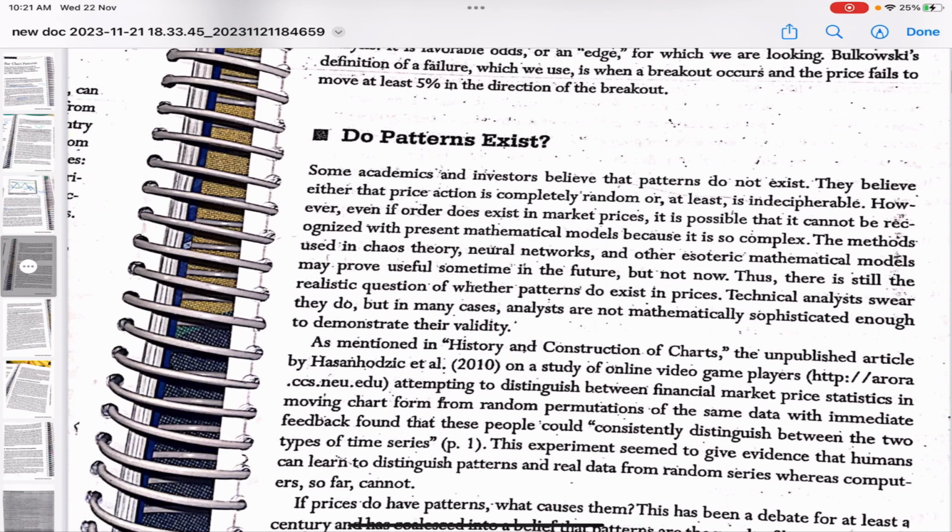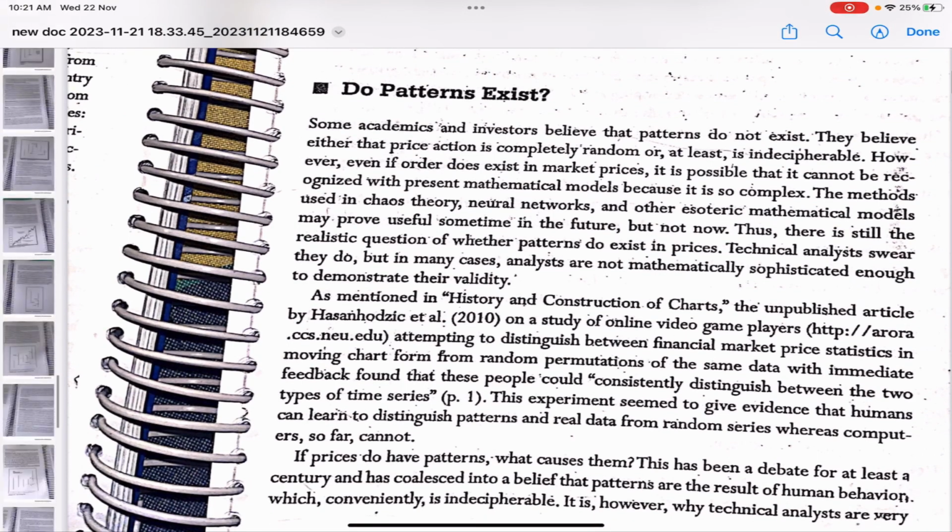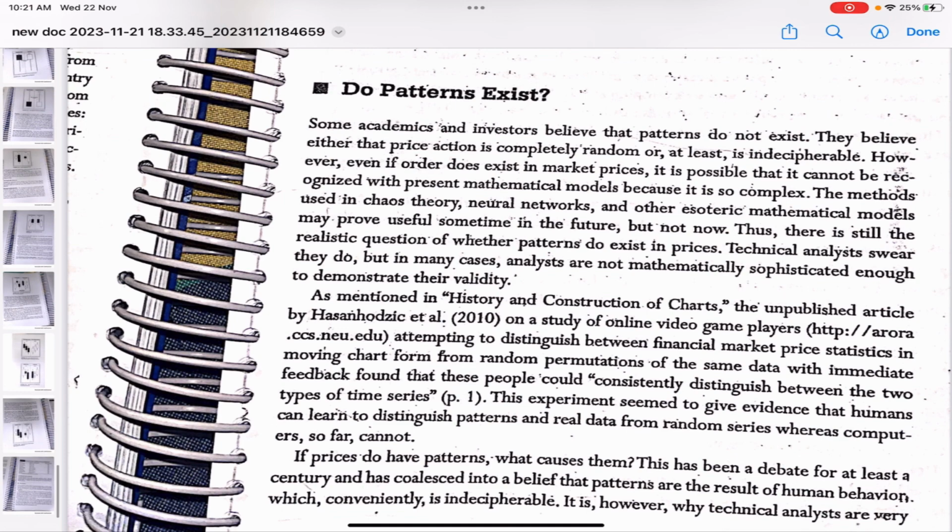Okay. Now this is a very important discussion which is done by many people. Do patterns really exist or do they not exist? Some people actually believe that the patterns do not exist. They believe that the price action, which is what is happening in the chart, is just random or is due to some fundamental reason. Whereas people like me believe that the price action which is going on is not random.